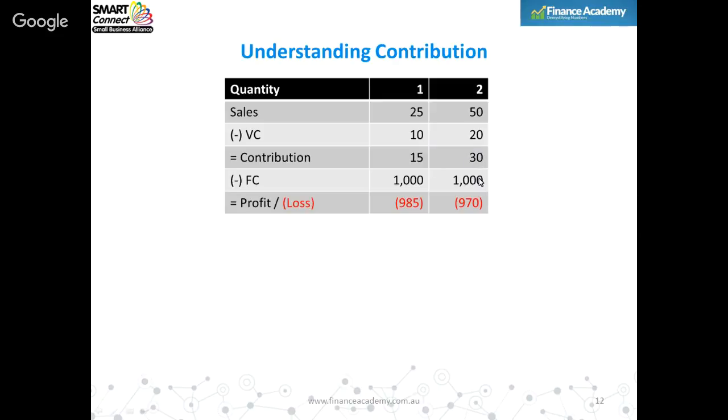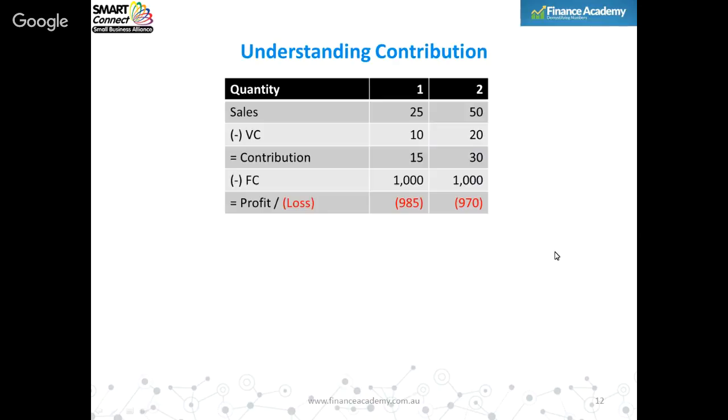Fixed cost remains fixed. As I told you, the definition of fixed cost is it remains fixed irrespective of whether sales increases or decreases. Now, this business has made a negative profit of $970 by selling two burgers.